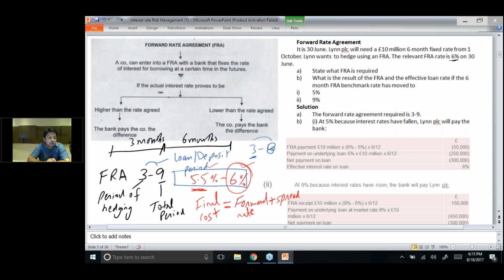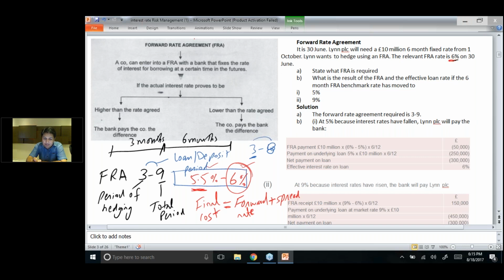That will be your final cost. So let's suppose it is 30th June and the company needs $10 million for 6 months after 3 months, and the relevant FRA is 6%.